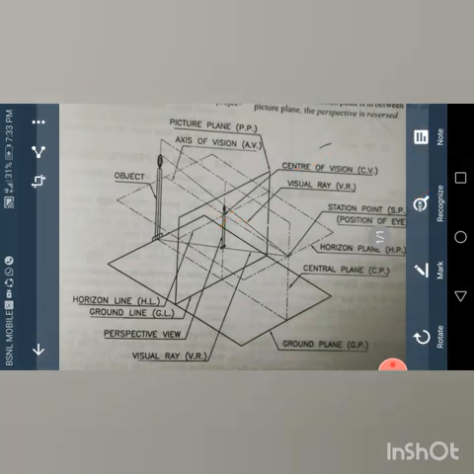So these are the general terminologies we have discussed: visual rays, object, ground plane, horizon plane, center plane, axis of vision, center of vision, picture plane, etc. We have to be familiar with all these terminologies.